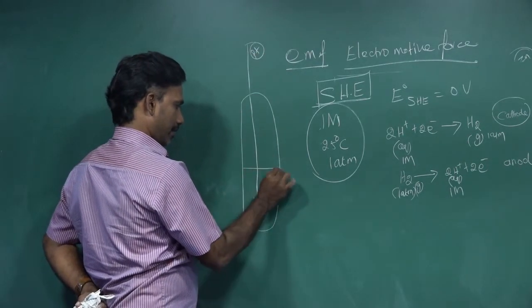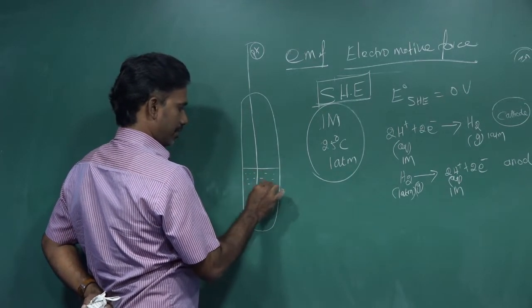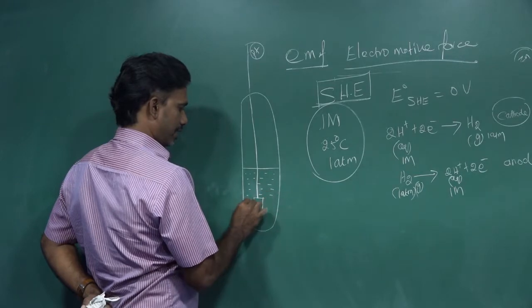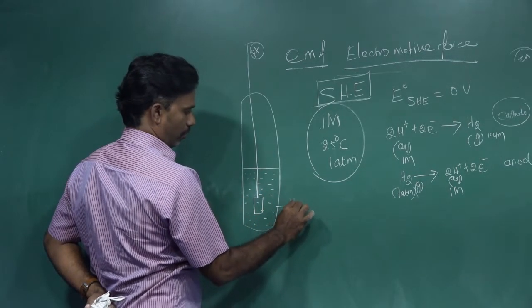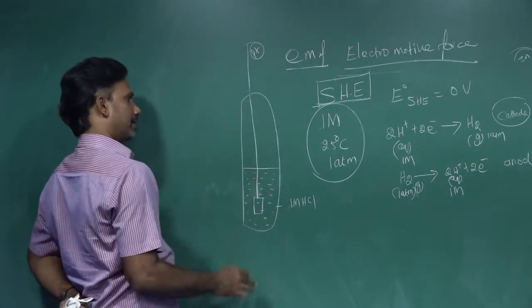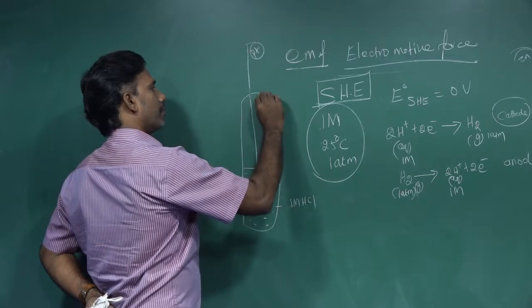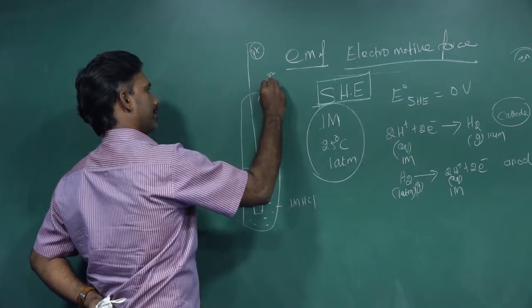Here it is filled with electrolytic solution. What is the electrolytic solution? The solution which contains the same ion. Hydrogen contains HCl, I am taking. 1 molar concentration of HCl is the electrolytic solution. That is the platinum electrode. Here 1 atmospheric H2 inlet.